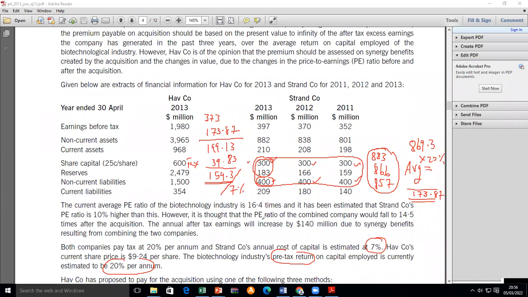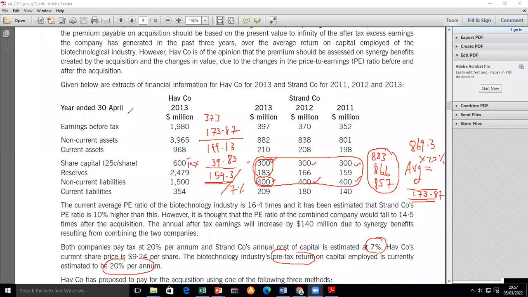So how much do you find? 159.3 divided by 7%.